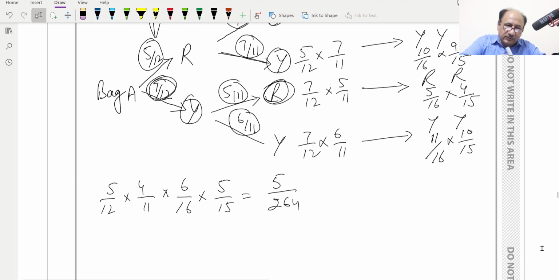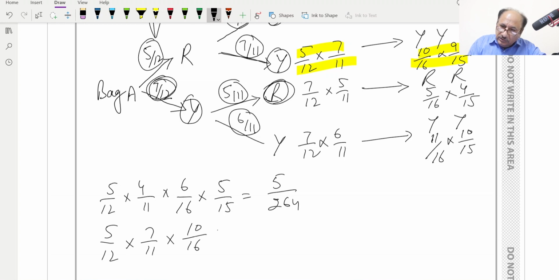Now we can multiply this one with this probability, and I will write here 5 over 12 into 7 over 11 multiplied by 10 over 16 into 9 over 15.